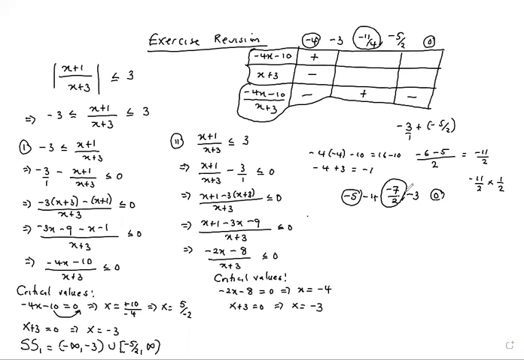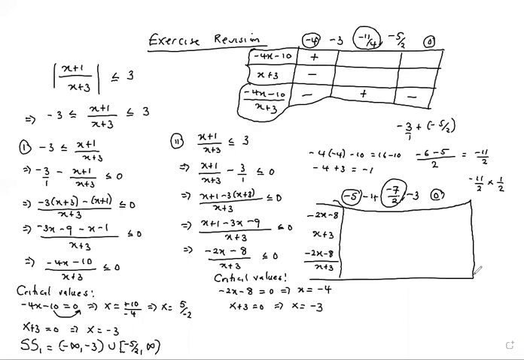And then we'll have -2x minus 8 over x plus 3. So we are forming a table of that nature.